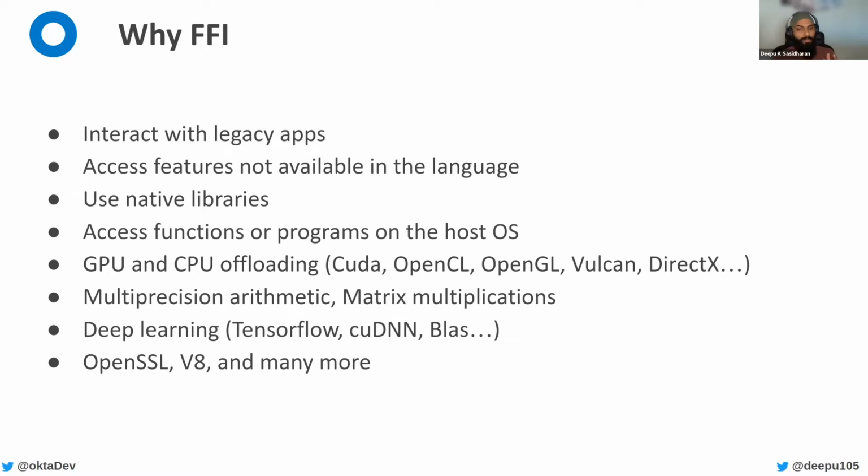Using TensorFlow or BLAS, or deep learning related use cases. And of course, there is also interfacing with stuff like OpenSSL or V8, or putting a Python interpreter in your program. There could be a lot of these use cases.